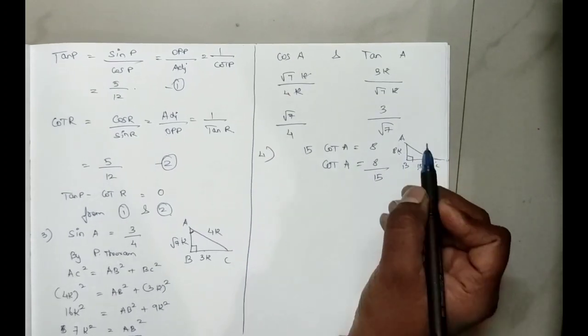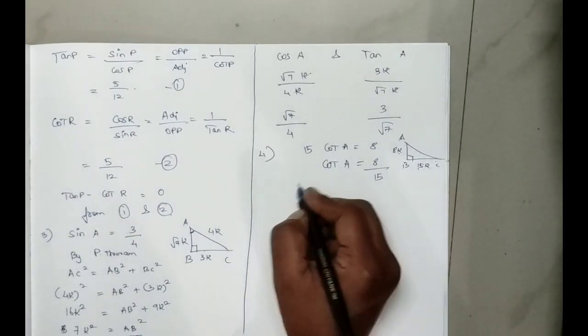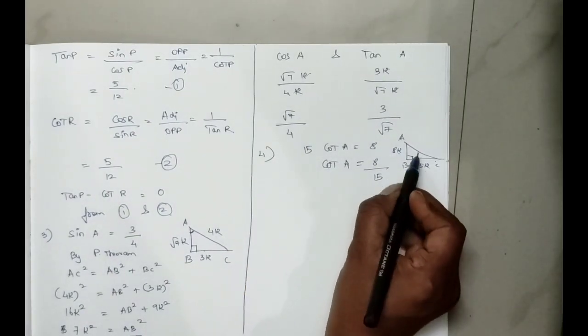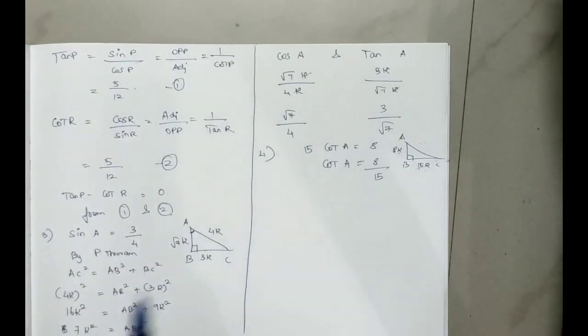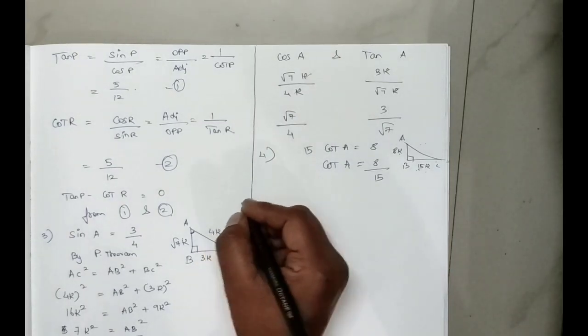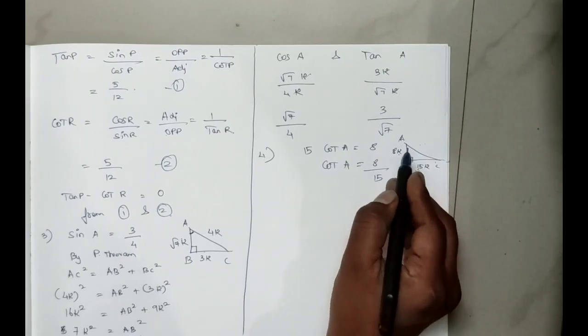And AC, that is the hypotenuse, we have to find it out by Pythagoras theorem again, because we have only the two values and one value is missing. So if we have all these three values, whatever it is asked, either it is tan or cos or whatever angle they have asked, it will be easy to solve. For that you need all these three sides and you should know the angles.